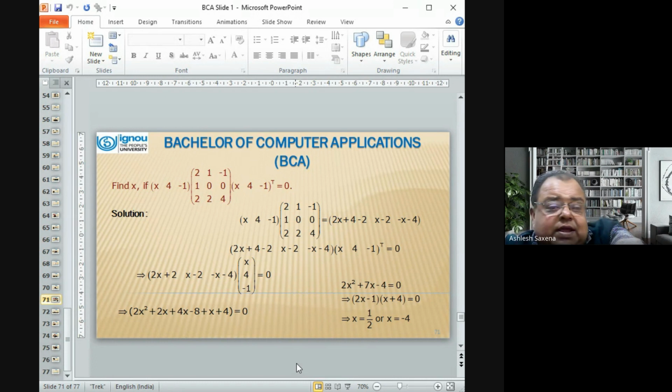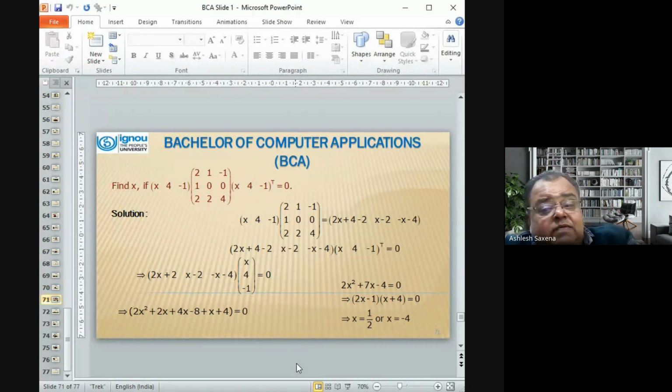First one is a 1 by 3 matrix, second one is a 3 by 3 matrix, and the third one is again a 1 by 3 matrix. And keep an eye on that thing. In the third matrix, at the top it is written transpose.